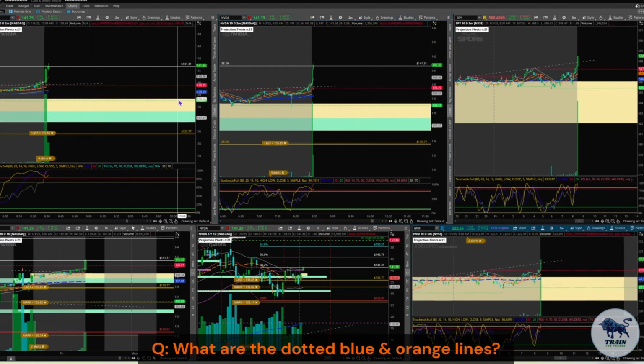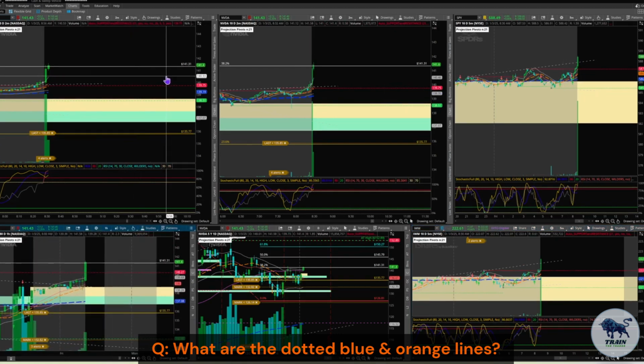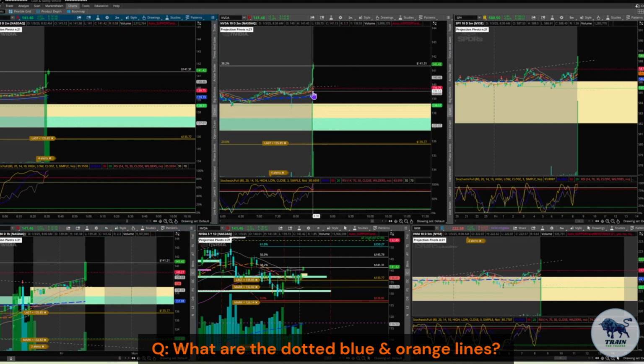So this dotted blue line that you see on my charts is my 200 EMA, an exponential moving average. It takes the last 200 candles, depending on what chart I'm on, and plots an average price for those 200 candles, and that's how it forms this line.